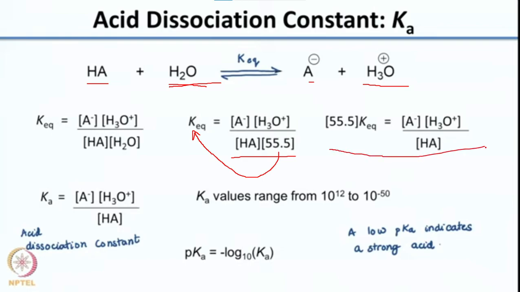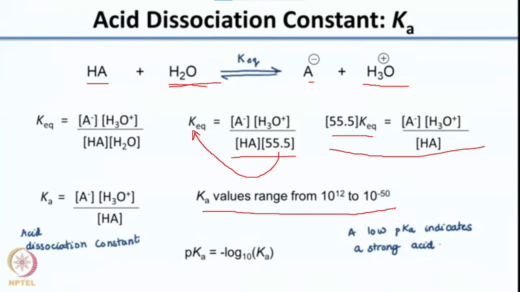After getting this, you can say the acid dissociation constant equation becomes this way, so Ka will become 55.5 into K equilibrium. Here you can see the Ka value ranges from 10 raised to 12 to 10 raised to minus 50, which is a very great range. So we cannot predict the Ka value properly because the range is very high.